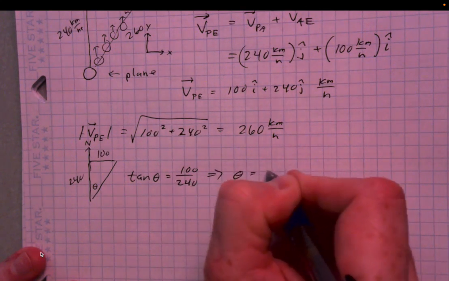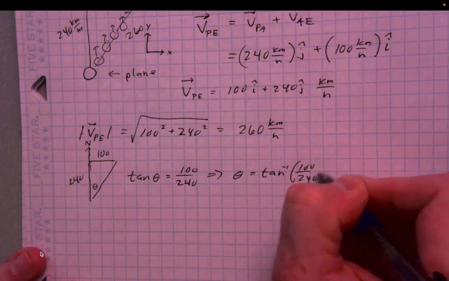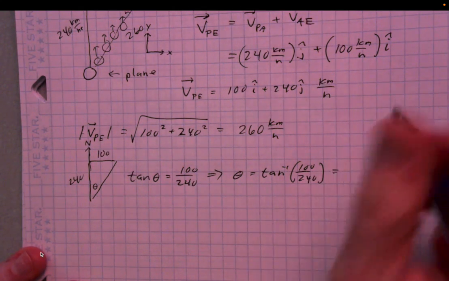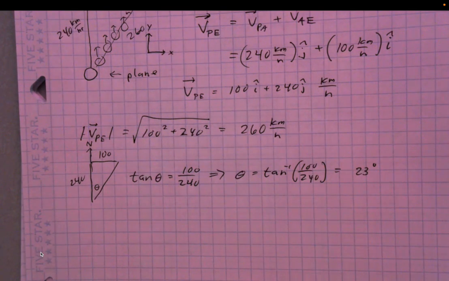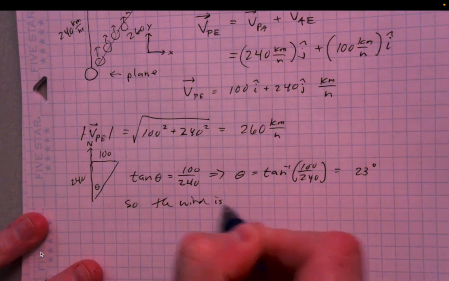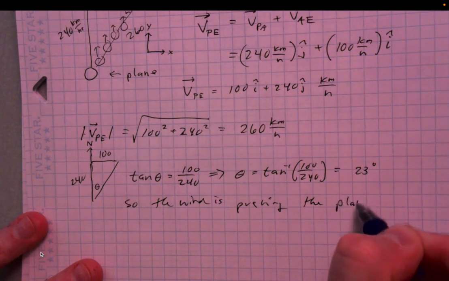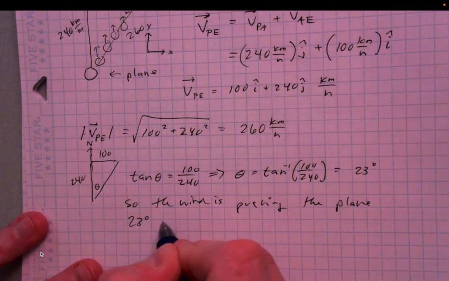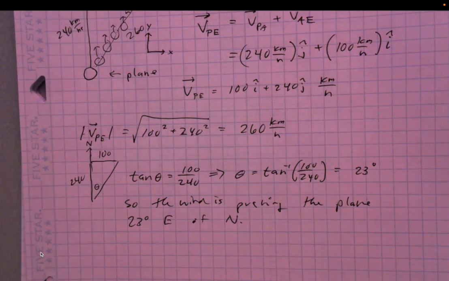And so theta is the inverse tangent of that ratio. If you plug all that in, you should see about 23 degrees. So the wind is pushing the plane 23 degrees east of north.